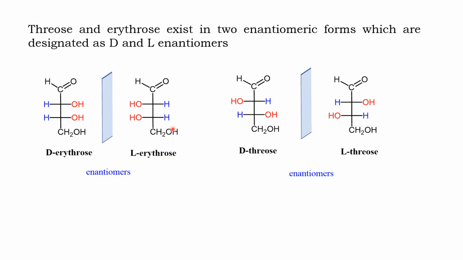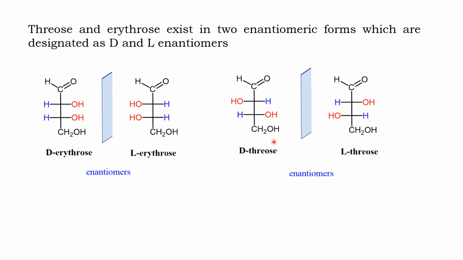This is also an erythro molecule. Why? Because the OH groups are on the same side. So these two are erythro and they are related as non-superimposable object and mirror image. Observe carefully. These two molecules are erythro because they contain two asymmetric carbon atoms and the OH groups are on the same side.